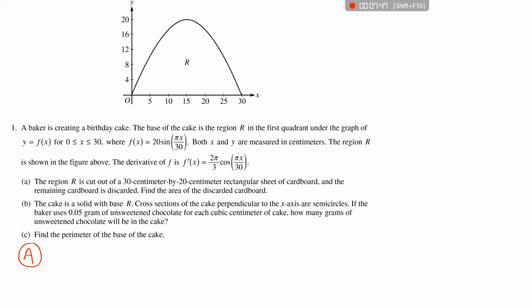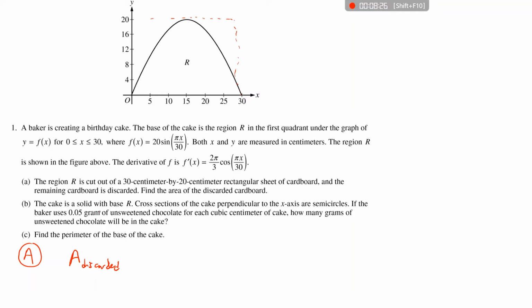Oh, so the area is 600 first, and then the remaining is this. So we have to find the area from area R. So it's integration from 0 to 30 of f of x. If I integrate from 0 to 30 f of x, I will get R. However, we're looking for the area of the discarded cardboard, not the area of the cutout. So 600 minus the integration.